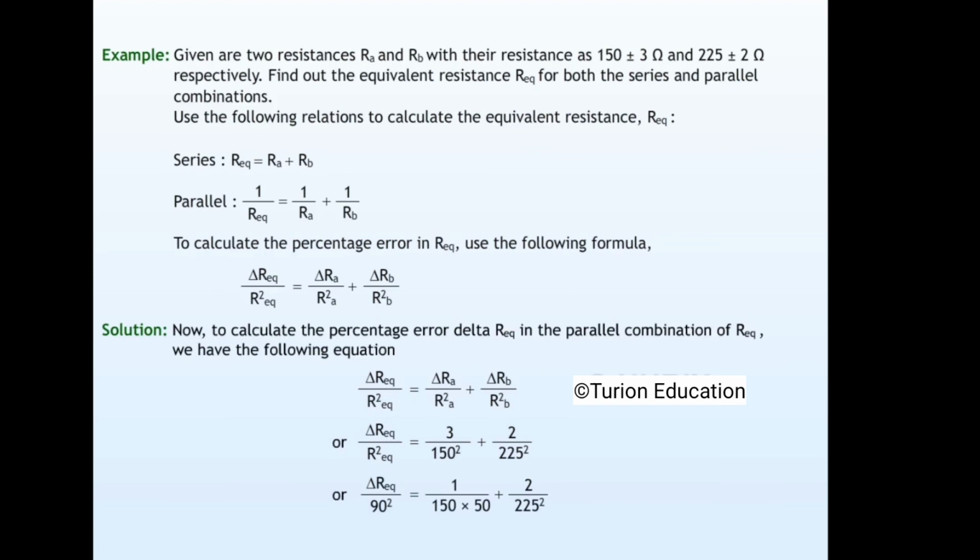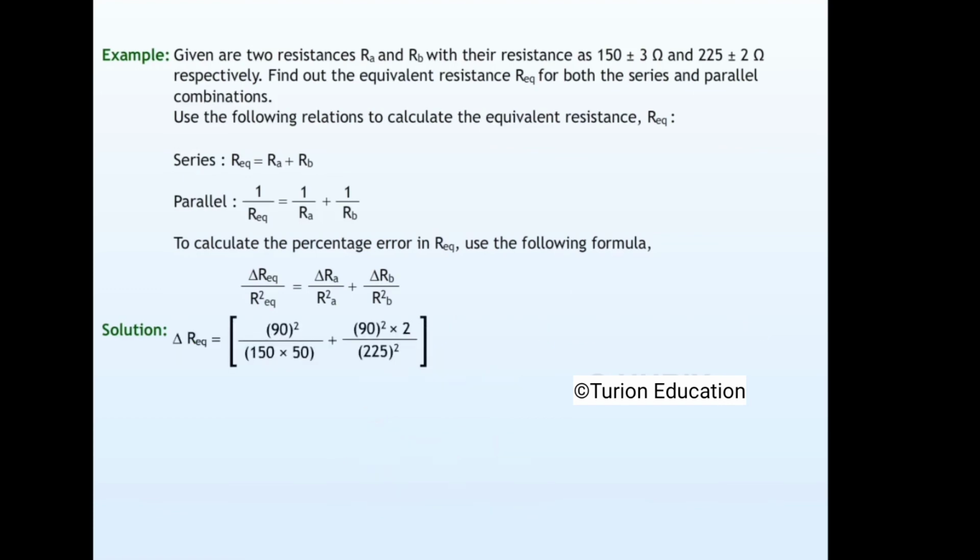Delta Req by 90 square equals 1 by 150 into 50 plus 2 by 225 square. Delta Req equals 90 square by 150 into 50 plus 90 square into 2 by 225 square equals 1.08 plus 0.32 ohms equals 1.4 ohms. Hence, the Req for parallel combination is 90 plus or minus 1.4 ohms.